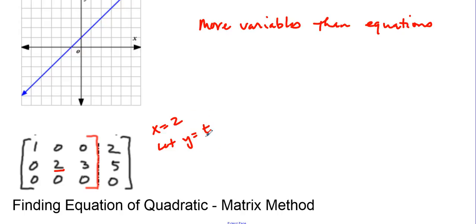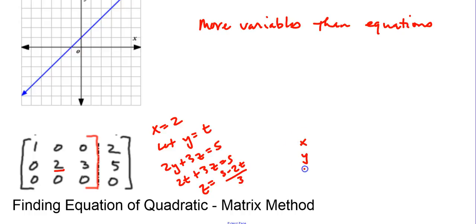So we introduce this parameter, and when we do that, if y equals t, then we know that 2y plus 3z is equal to 5, but this is not y, this is t, so we've got a 2t here plus 3z equals 5, and we can go through and solve for z in terms of t, and then our solution is going to look a little bit different. We'll talk about that in a second. So if I solve for z on here, I'm going to have 5 minus 2t over 3, and we can write our solution set.